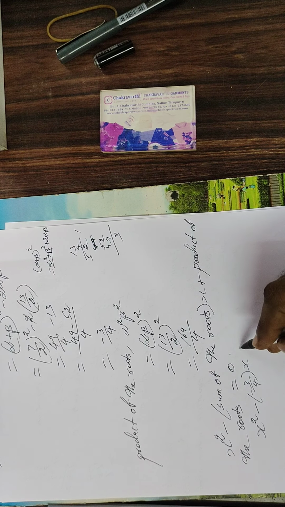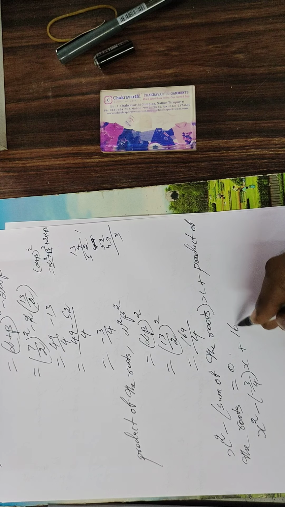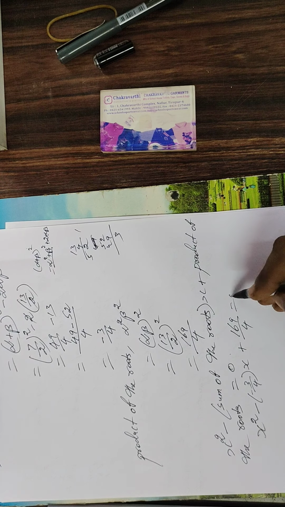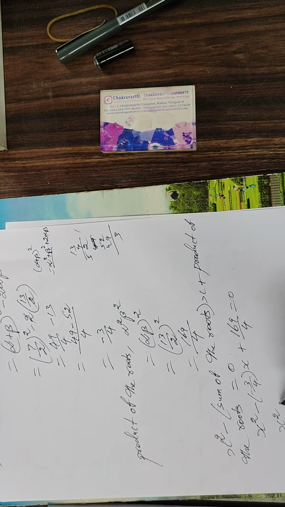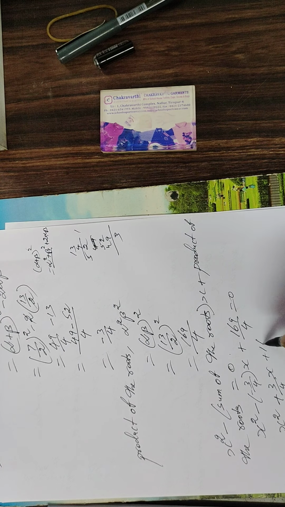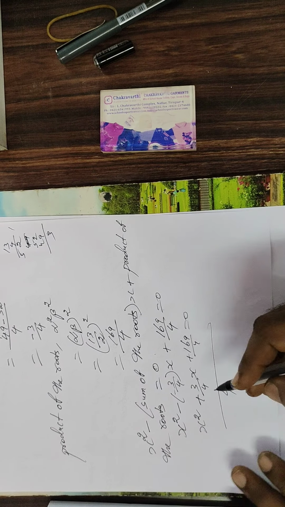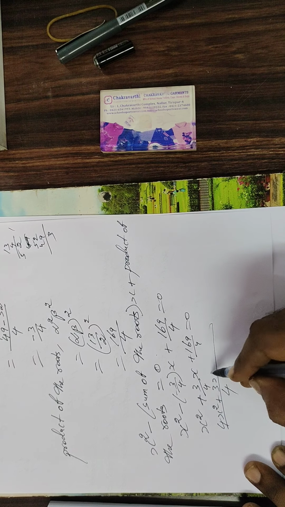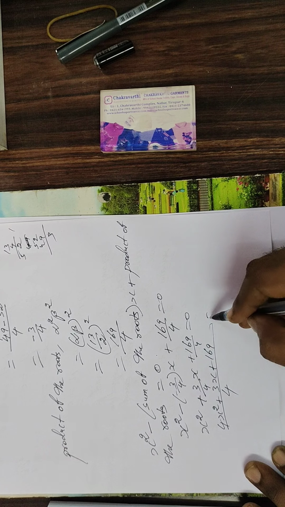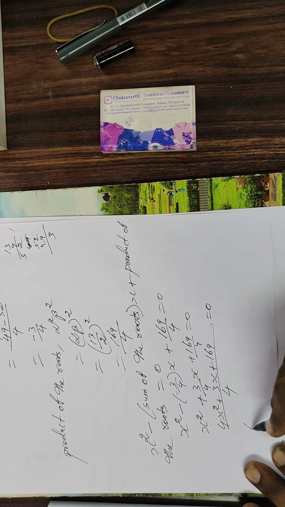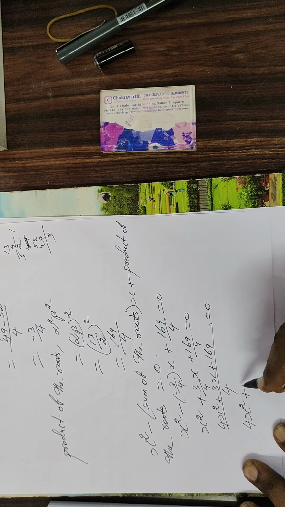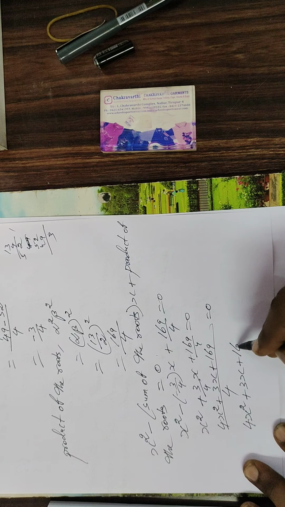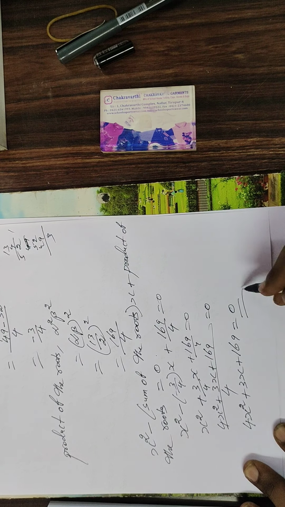So x square minus into minus plus 3 by 4 x plus 169 by 4 equal to 0. LCM is 4. So 4x square plus 3x plus 169 equal to 0. That is the answer.